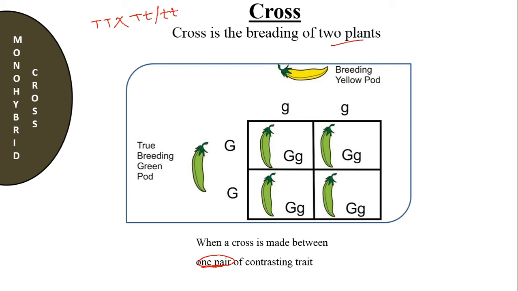Or it also states that an organism which is heterozygous with respect to only one pair of alleles at a locus under study. For example, as you can see here, pea pod color yellow is crossed with green pod colored pea. So it shows the monohybrid cross. Now second one is dihybrid cross.